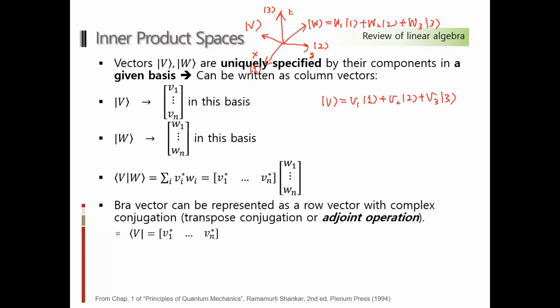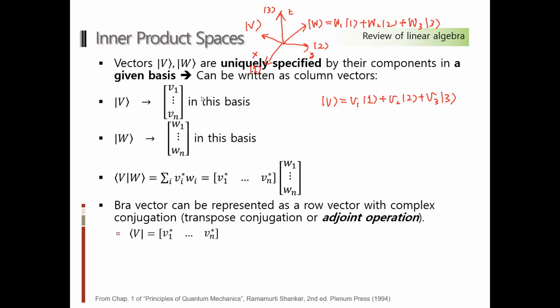Now, if we generalize what we learned in the previous page, we can say that whenever we have the v and w vectors, and we find their components in some given basis, these components will be uniquely determined. For example, for this vector, instead of writing it as the linear combination of the many ket bases, we can just write down only the components in a column vector.